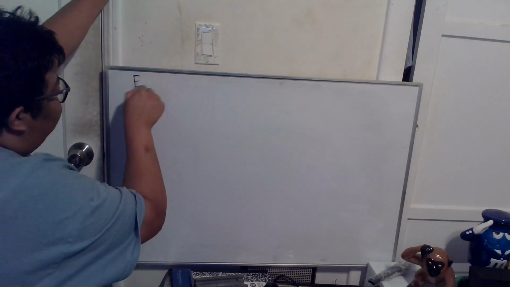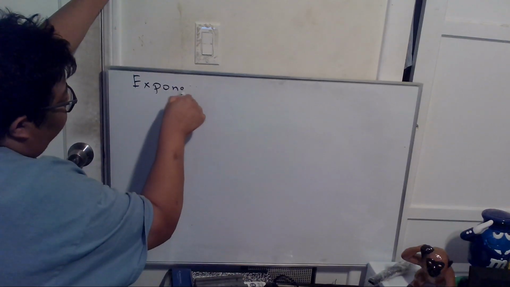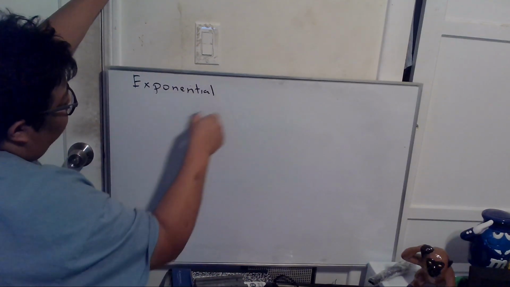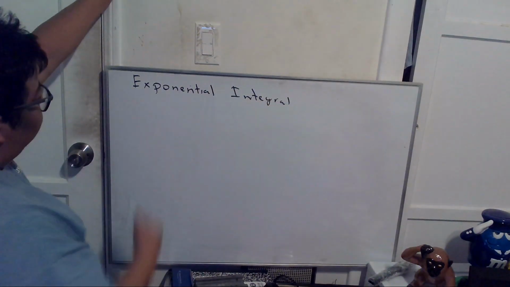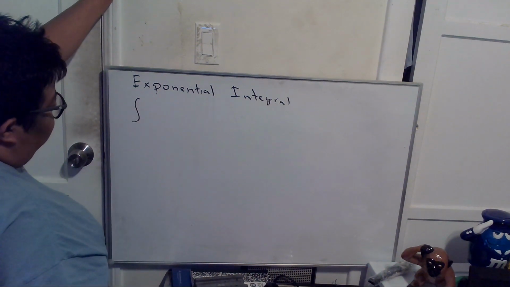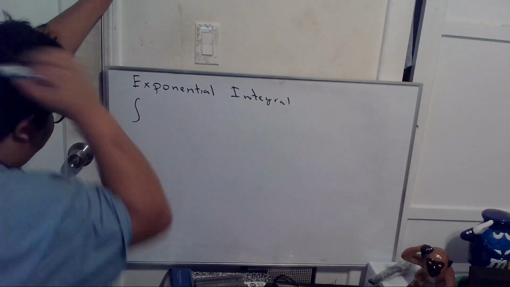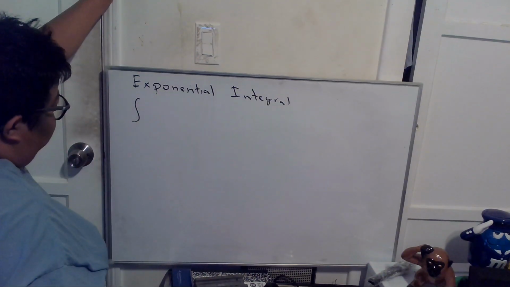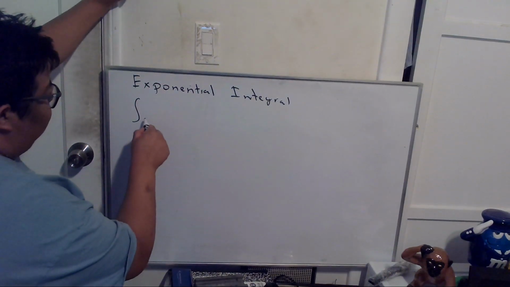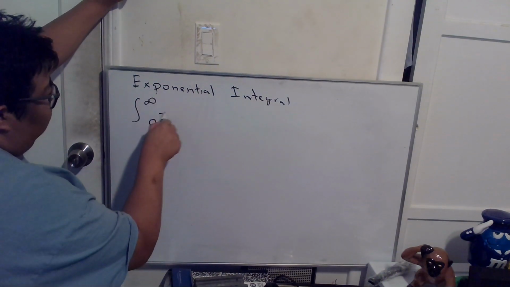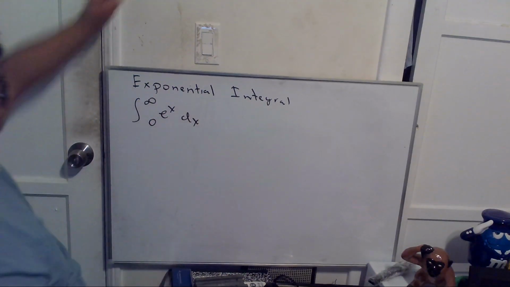The second important example that we're going to talk about is the exponential integral. We're going to define it as follows: the integral from 0 to infinity of e to the x dx.